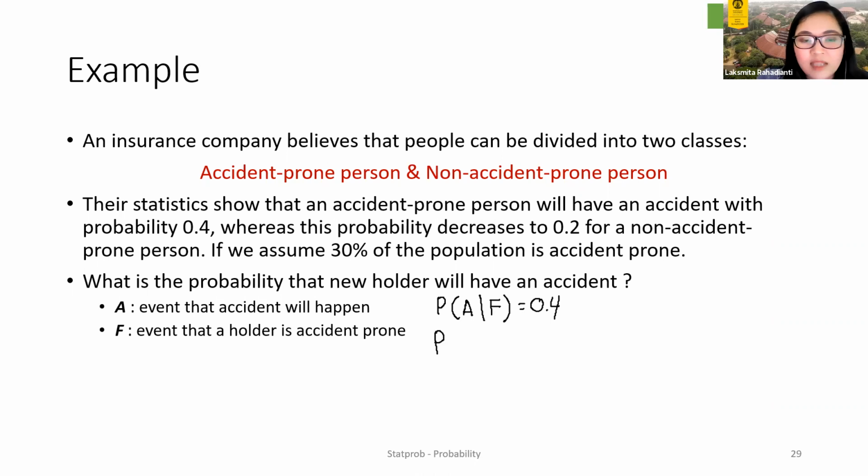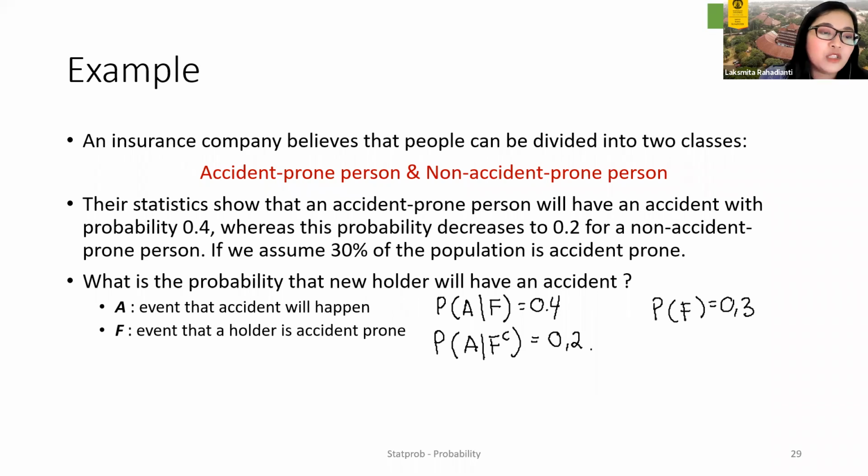So I can also write the probability of an accident happening if I know that the person is not accident prone is thus 0.2. If I assume that 30% of the population is accident prone, then I can write it as P(F) is 0.3.